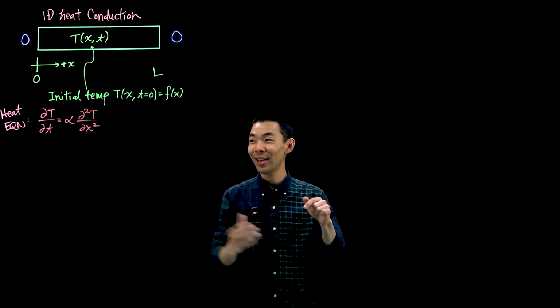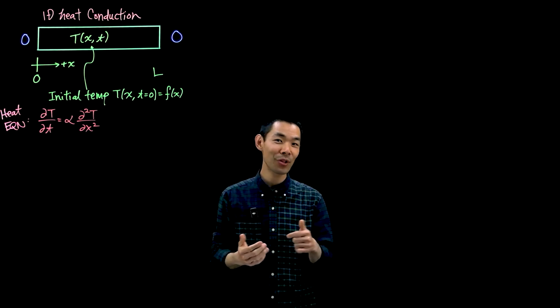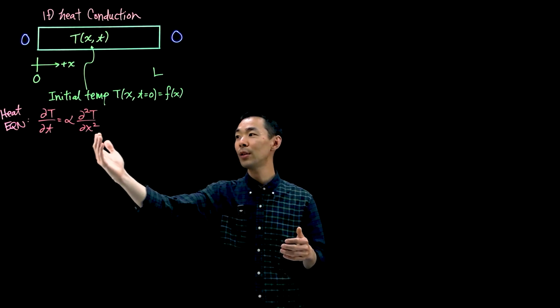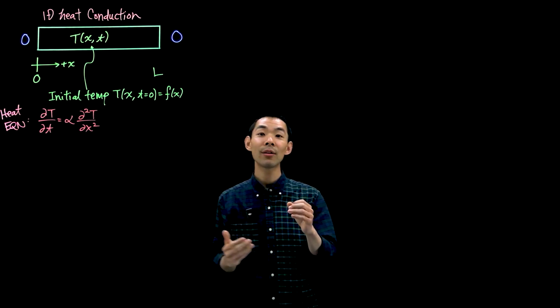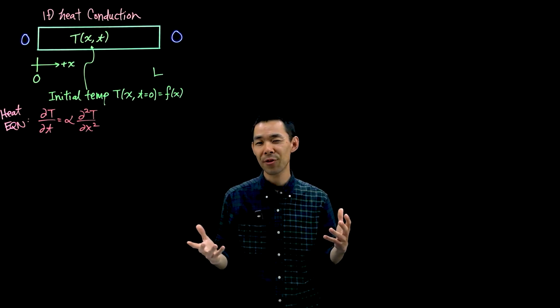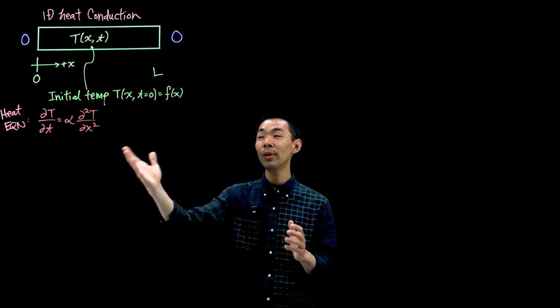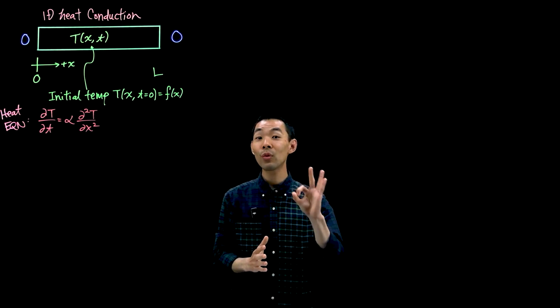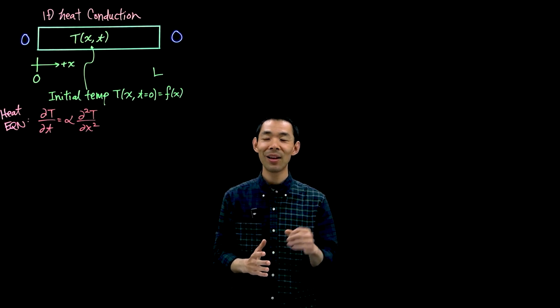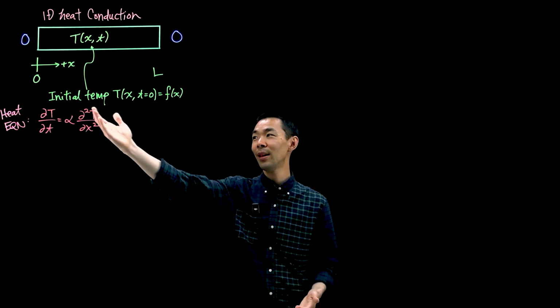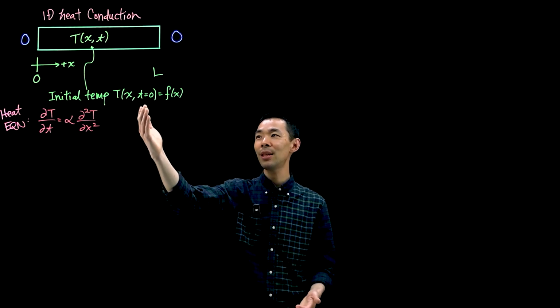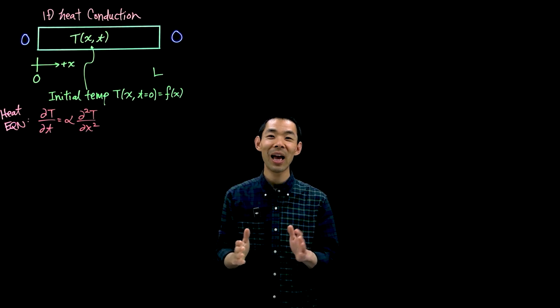You integrate twice in position, you're going to get two constants of integration. Therefore, we have 2 plus 1, 3 total constants of integration, so to speak, that you would need to find in order to completely solve this problem. So you need 3 constraints of some kind. Well, the first one I've already given to you. The initial temperature distribution at time t equals 0 is some known function f of x.